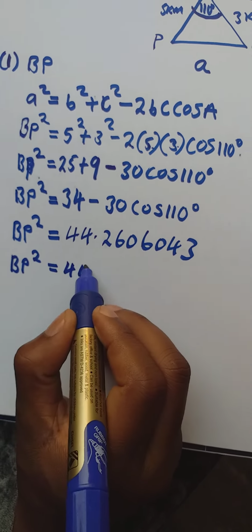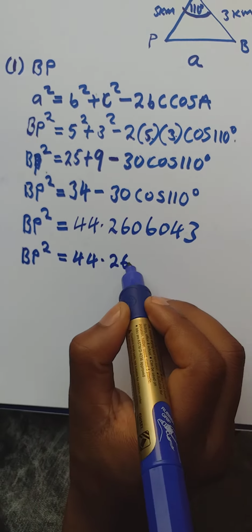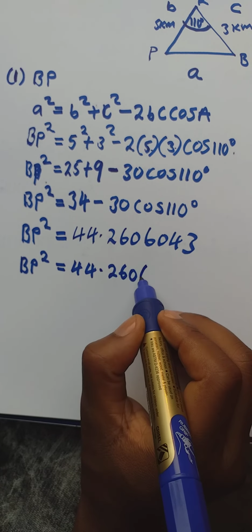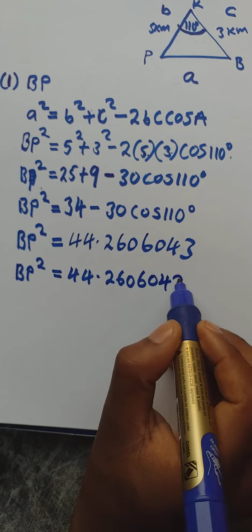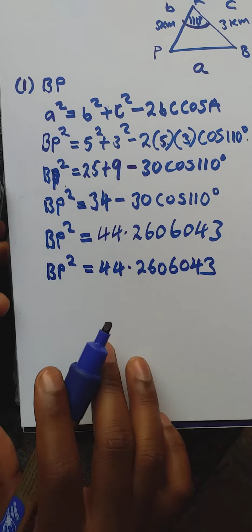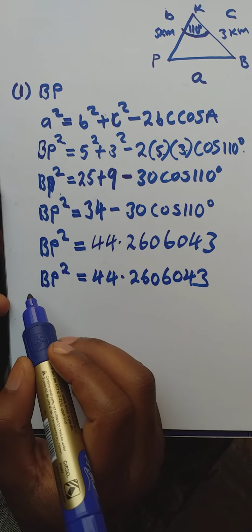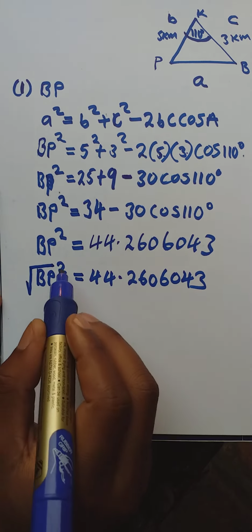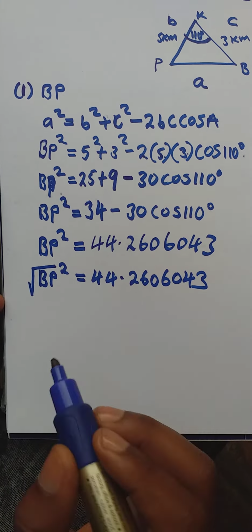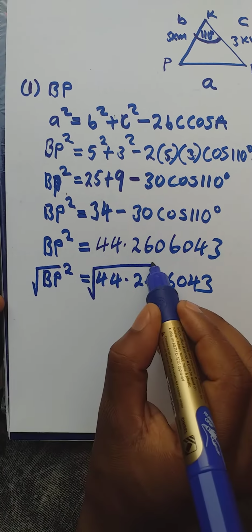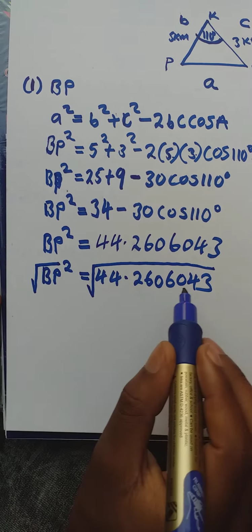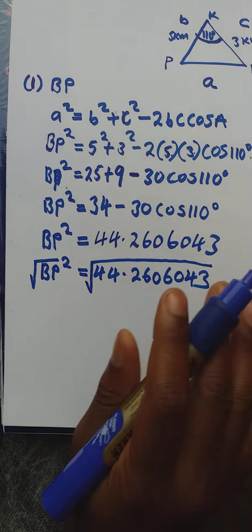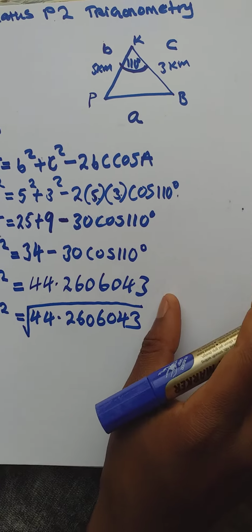Remember the idea is to find the BP, not the BP squared. So what we simply do is remove the power 2 here, and the only way we remove the power of 2 is by introducing a square root. If you introduce a square root on the left side of the expression, you also need to introduce it on the right hand side so that you don't change the mathematical expression itself.